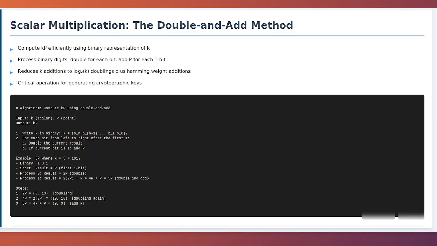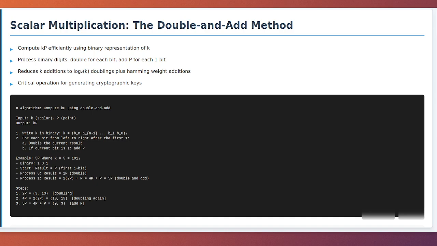Naively, we could compute kp by adding p to itself k times: p plus p plus p and so on. But if k is a 256-bit number, common in cryptography, that would require about 10 to the power of 77 additions, completely impractical. Instead, we use a clever algorithm called double and add, which is based on the binary representation of k. The idea is this: any integer can be written as a sum of powers of 2.